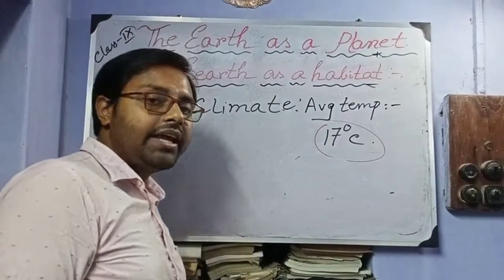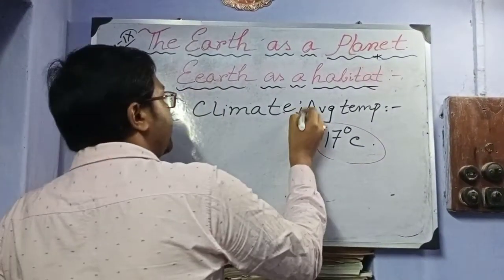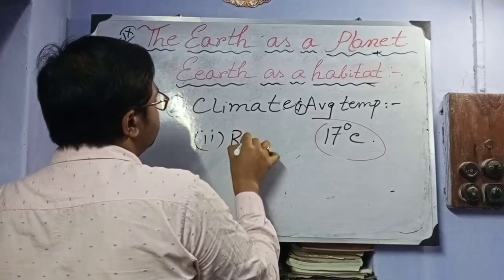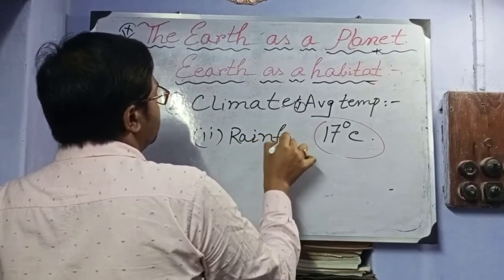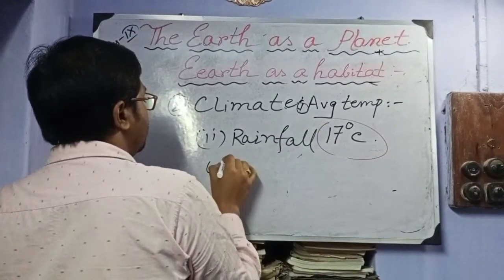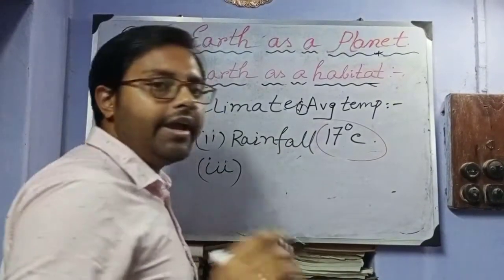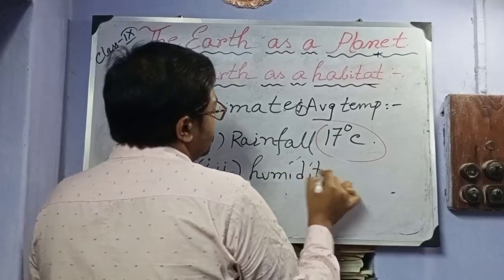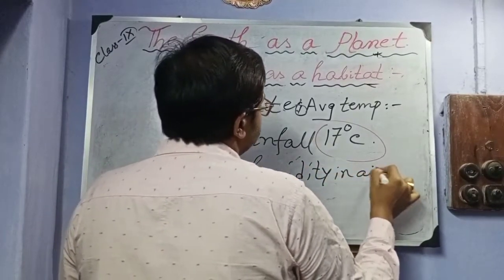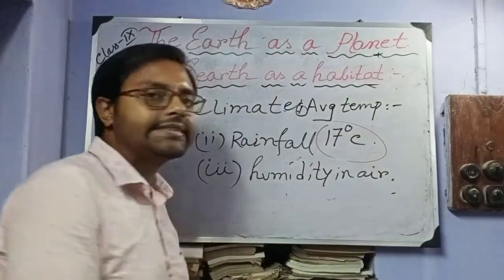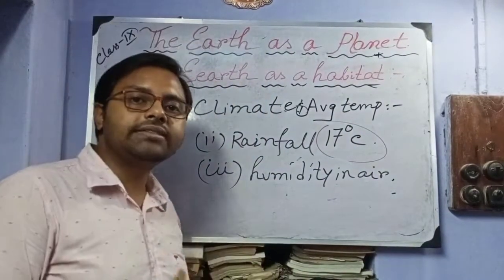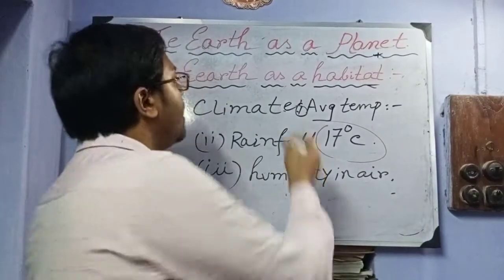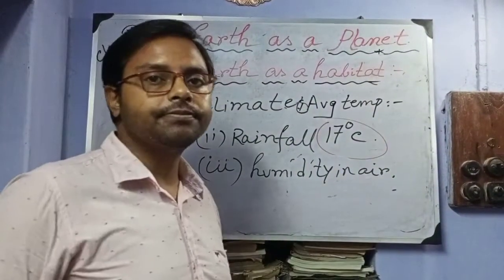Along with this, the earth has rainfall, and it has humidity in the air. All these phenomena which occur on the earth are ideal for living organisms. That's why earth has become a habitat.